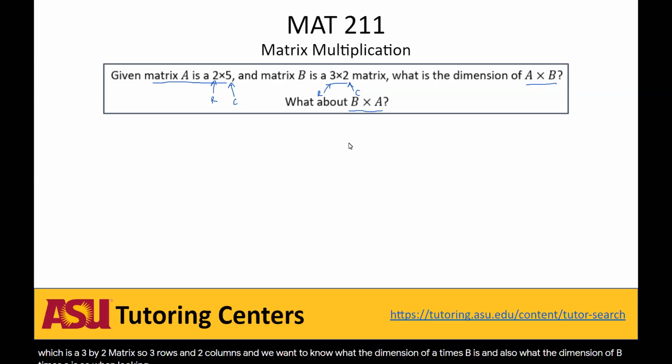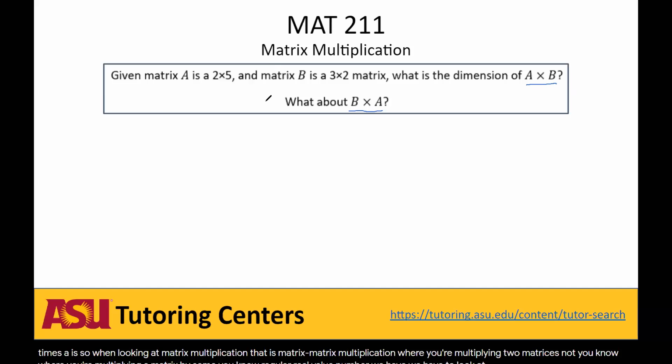So when looking at matrix multiplication, where you're multiplying 2 matrices, not where you're multiplying a matrix by some regular real number, we have to look at whether or not the multiplication is even possible. So in order to be able to multiply one matrix by another, let's look right at A here.